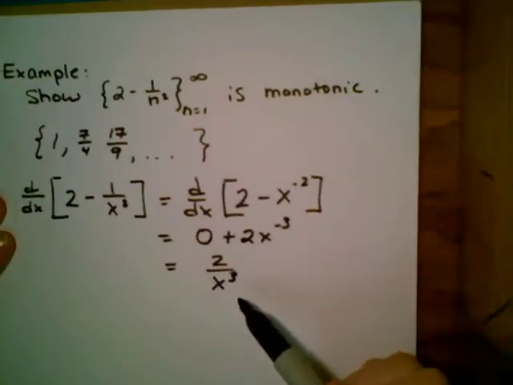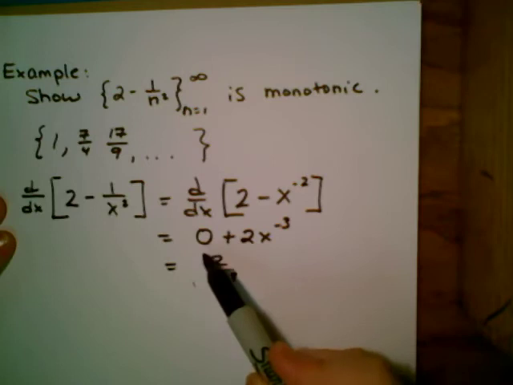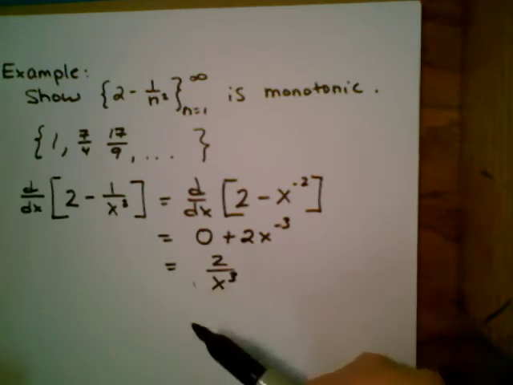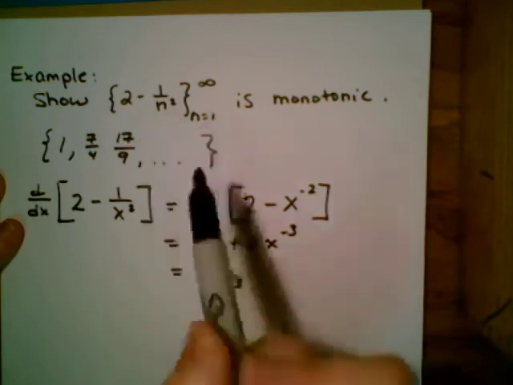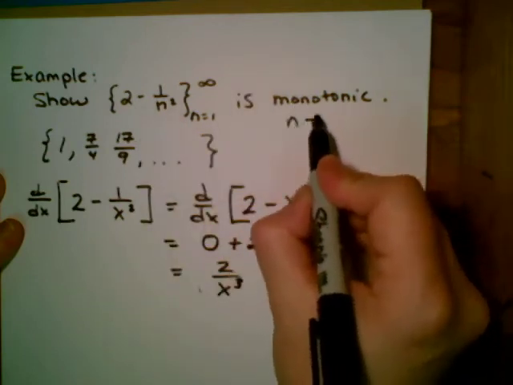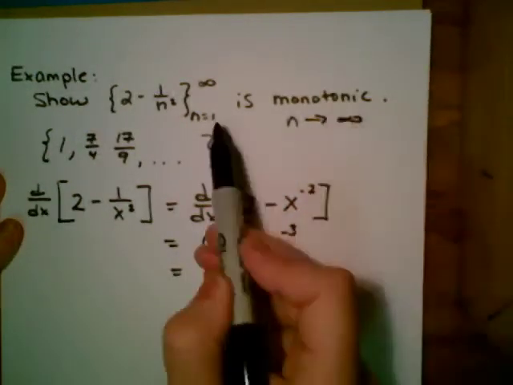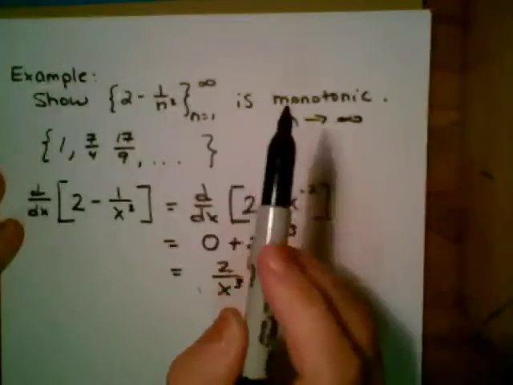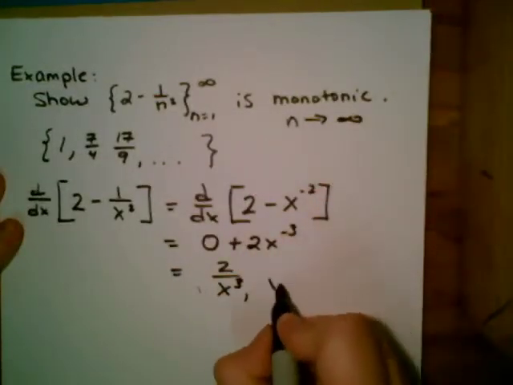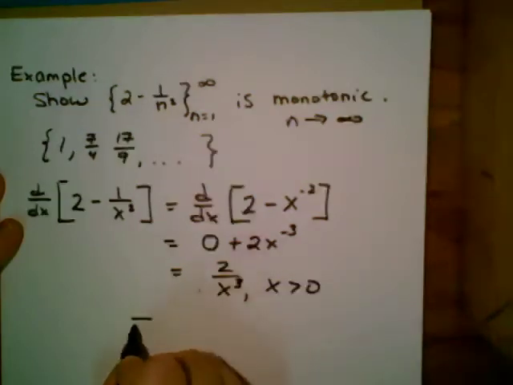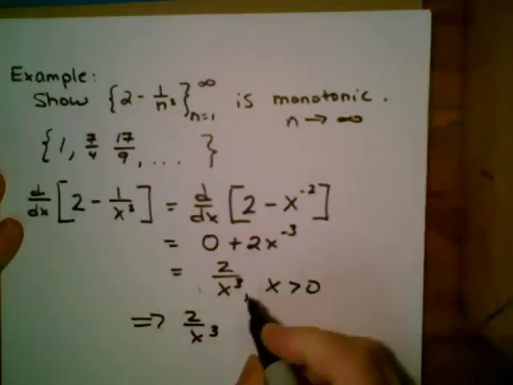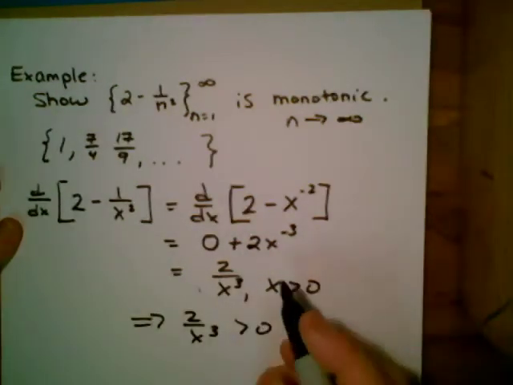Okay, so it may not be clear if this function is always positive or always negative. But with sequences, we know that we're going to let n go off to infinity, and n is going to be greater than 1, so n is positive. So we can assume that x is positive, and that would imply this ratio is positive.